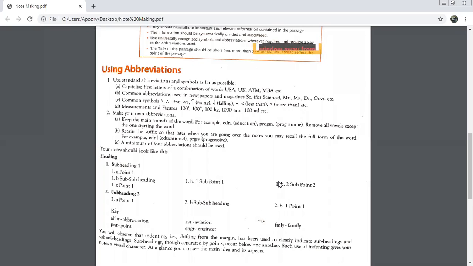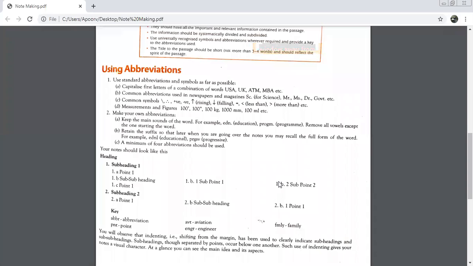No. Very good. Let's go for 1B. 1B has 1B.1, 1B.2. Okay, supposing my 1C had 3 points, how would I write that? 1C1, 1C2, and 1C3. Very good.